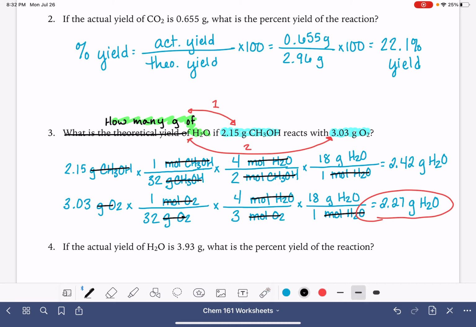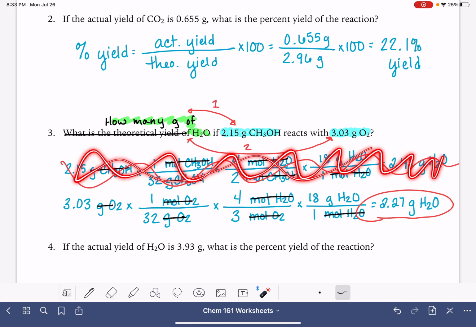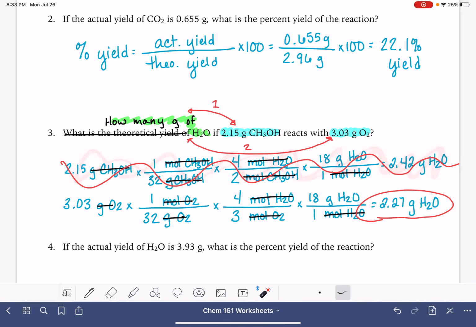This top calculation that we did here is a lie. It is not possible for us to produce this large quantity. Again, just to keep things super simple, always pick the smaller of the two that you calculate. So you're going to come up with two numbers, pick the little one. This is the correct answer, and the 2.42 is just wrong.